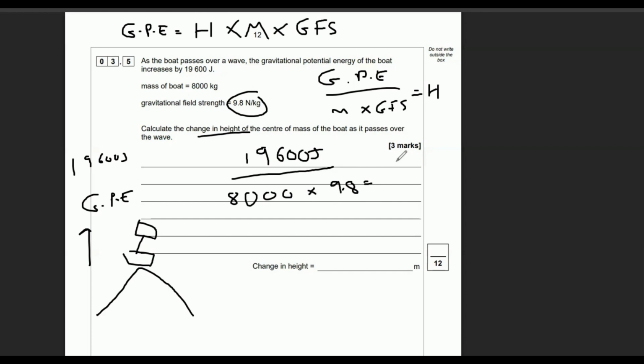And we're going to get a quarter. So I've got 0.25 meters. Boat's gone up 0.25 meters. There we go. And so what we're going to get marks for here is really choosing the right equation, rearranging the equation, smashing it all in and getting the answer.